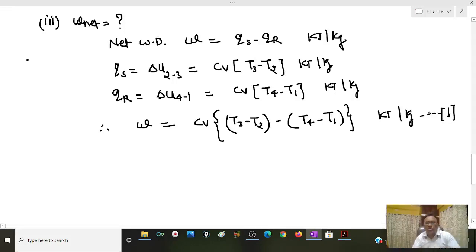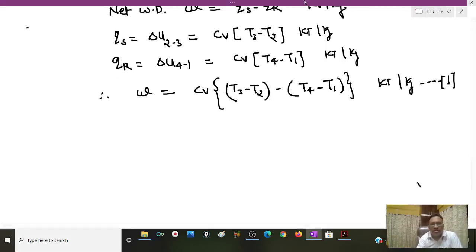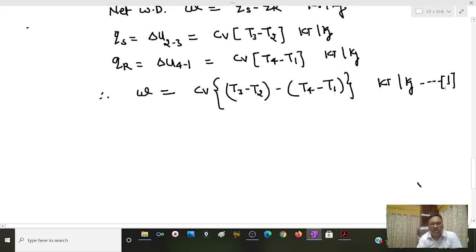So in order to calculate this work done from this Otto cycle, we need to calculate the value of T1, T2, T3, T4. Out of these 4 temperatures, we know the value of T1, that is the initial temperature before compression, and T3, that is the maximum temperature.